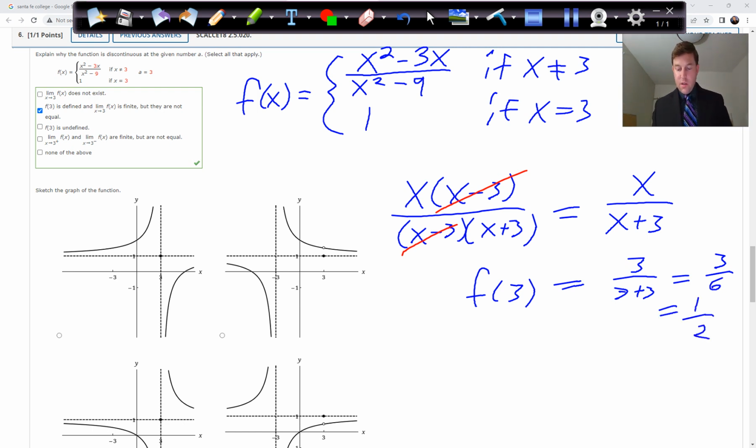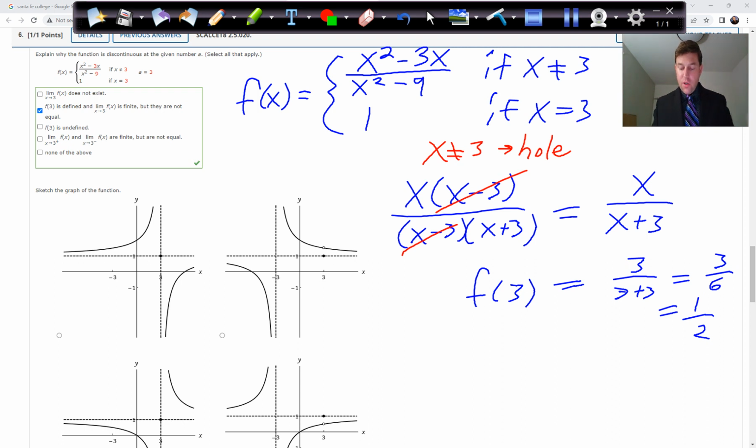So it's interesting. If you cancel two things like this, you have to record that x should not be 3 because in the original problem, x equal 3 causes divide by 0 in the denominator. But if you're able to cancel top and bottom, then this becomes a hole.